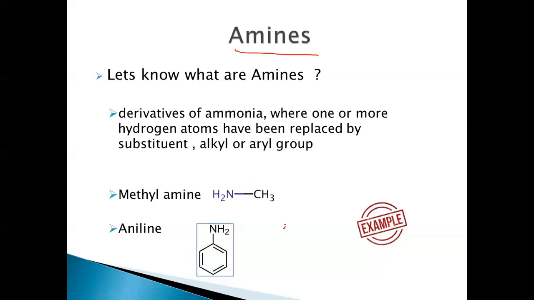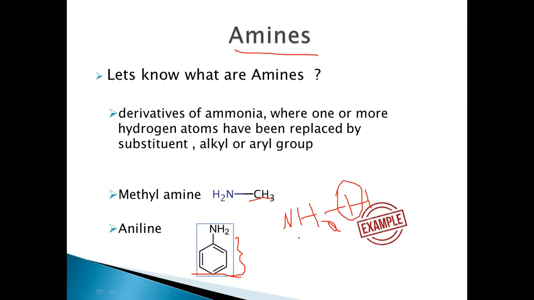For example, if you take ammonia, which is NH3, if the hydrogen of this ammonia is replaced by an alkyl group or an aryl group, where an aryl group is nothing but the derivative of an aromatic compound, if it contains a ring with a conjugated system, then that is called an aryl group.